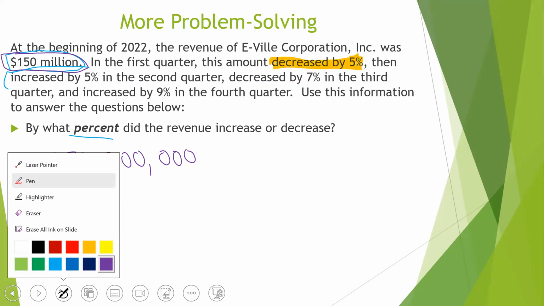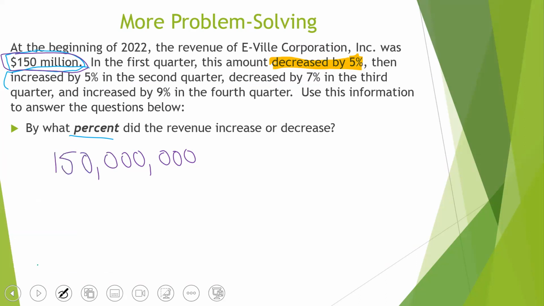Now to figure out what the new revenue is, let's keep in mind that a whole is always 100%. In this case, our starting value is 100%. And if it's going to decrease by 5%, so it's going to go down by 5%, then the new amount will be 95% of that amount we started with.